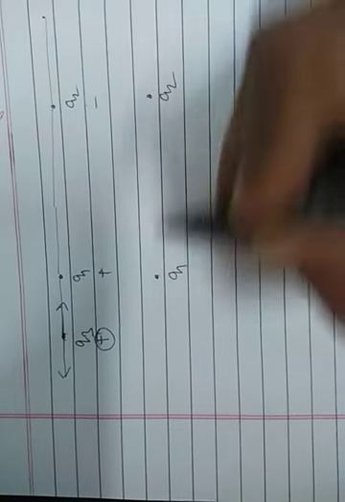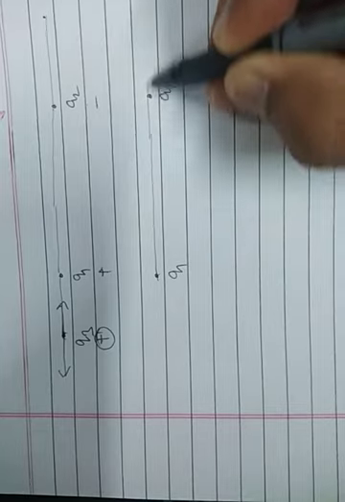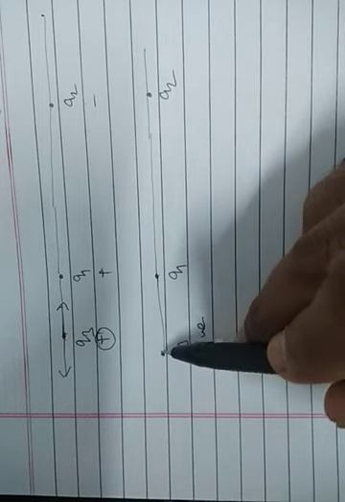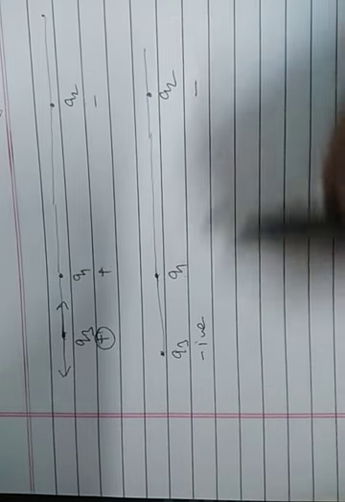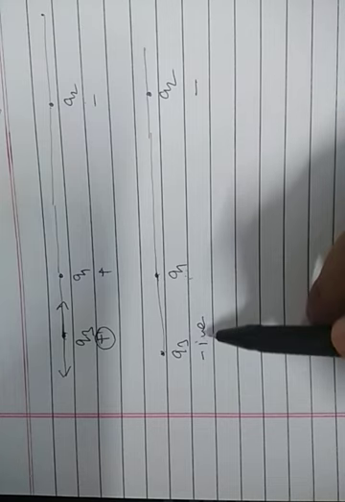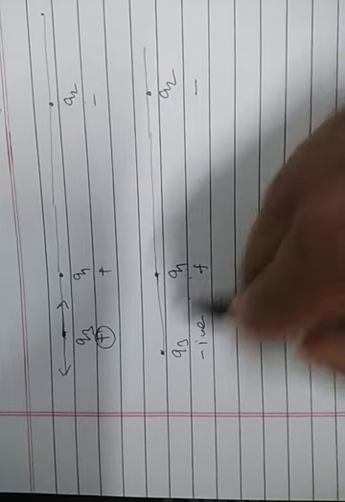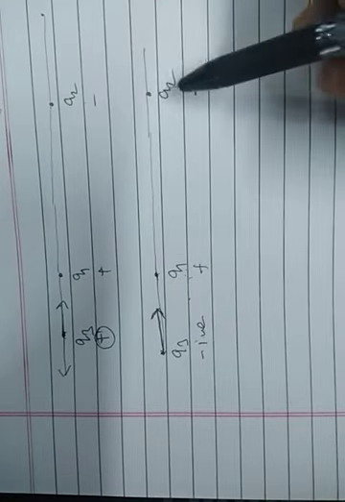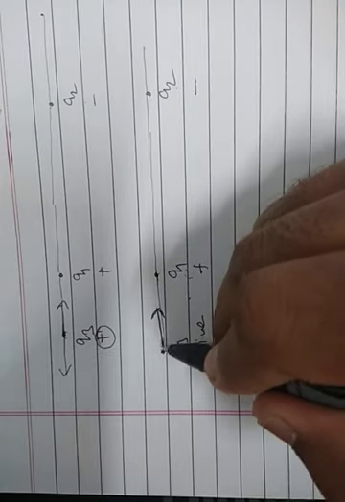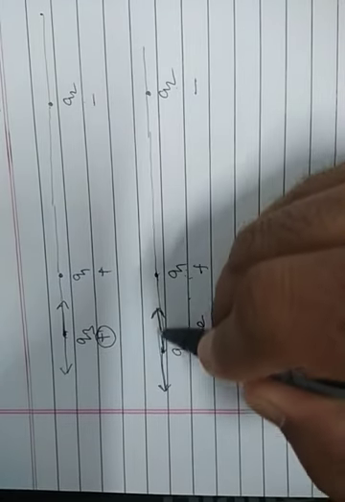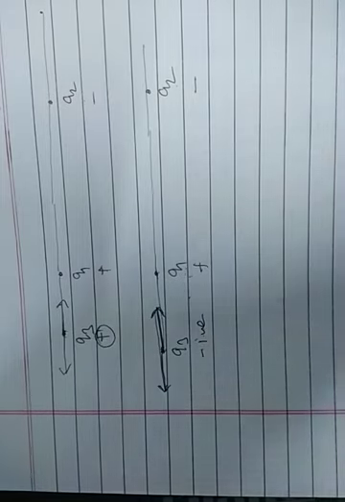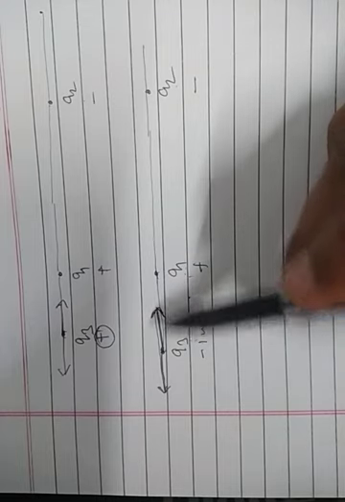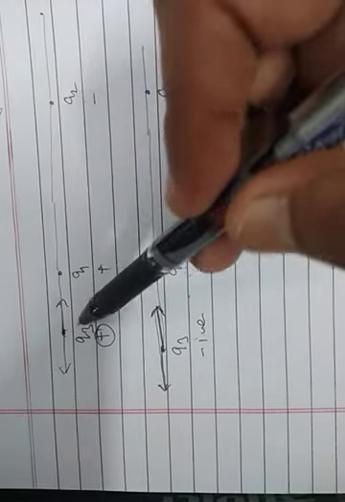Q1, Q2, this is the line joining the two charges, and this is Q3. If it is negative, it is attracted by this charge and repelled by this one. Here also equilibrium exists, so we will not consider the equilibrium of Q3.